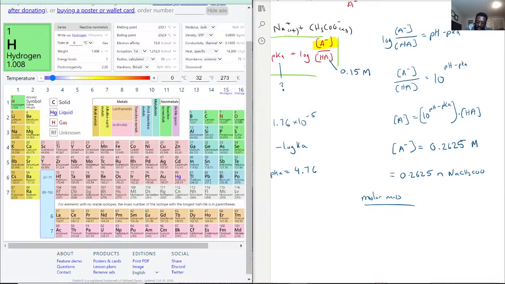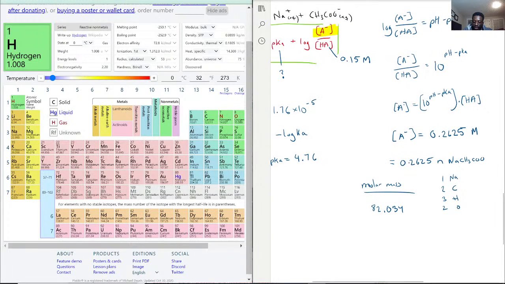The molar mass is 82.034. If you want to break down the molar mass, make sure you're counting exactly how many of each element you have. It's 1 Na, 2 C, 3 H, 2 O. That's how you keep track of it to make it easy for yourself.